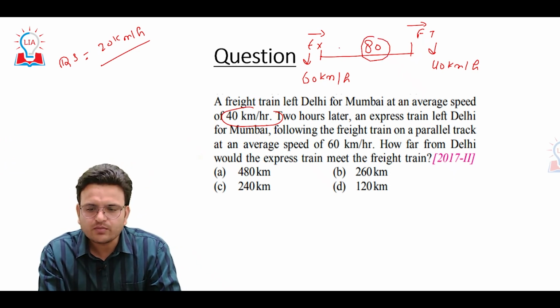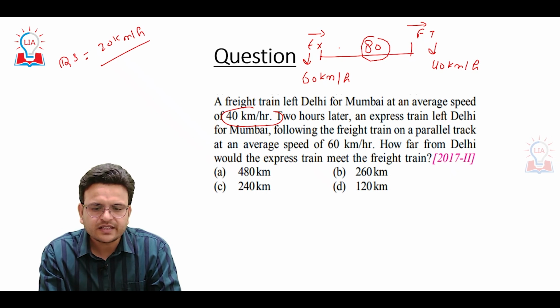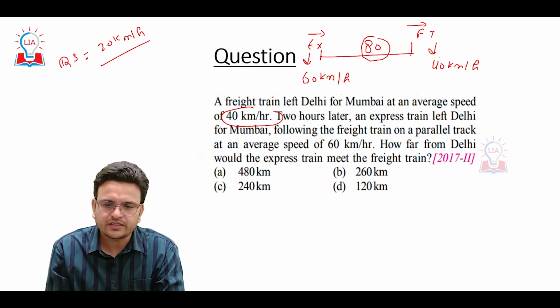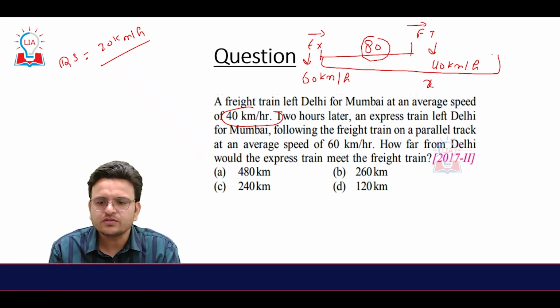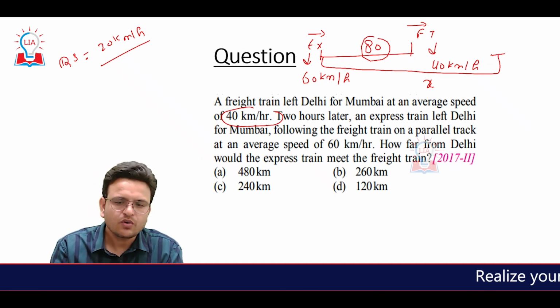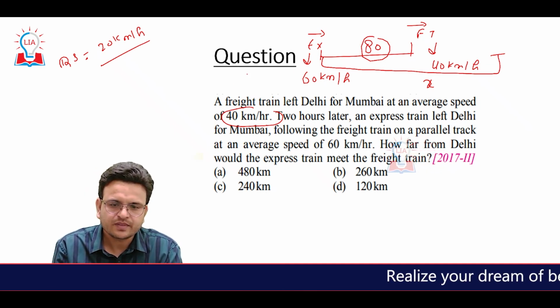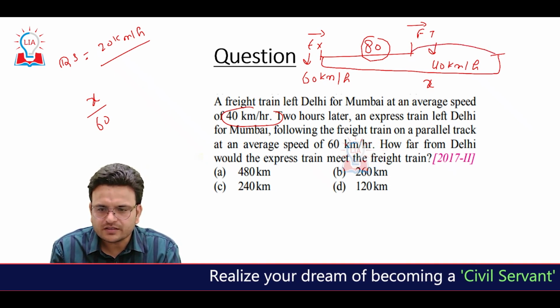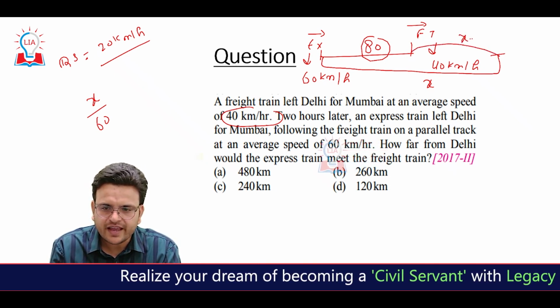So how far from Delhi would the express train meet the freight train? Consider how far from Delhi. Okay, from here, after x kilometer, both trains will meet. So the time taken by the express train is x upon 60, and this distance will be x minus 80.